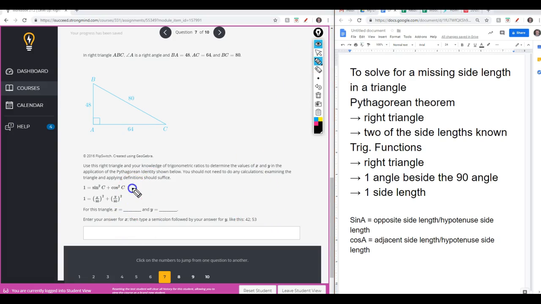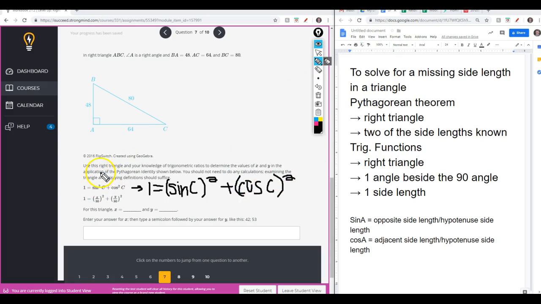Alright, I wish they had written this as 1 equals the sine of angle C being squared plus cosine of angle C being squared.